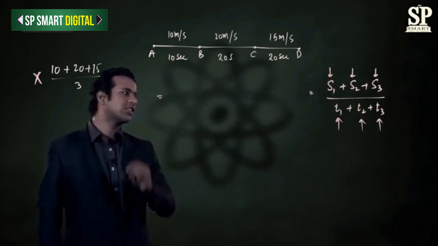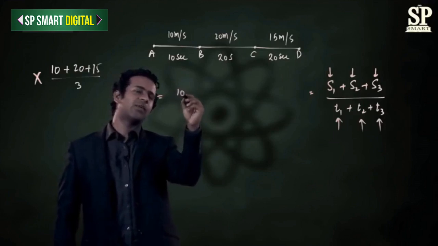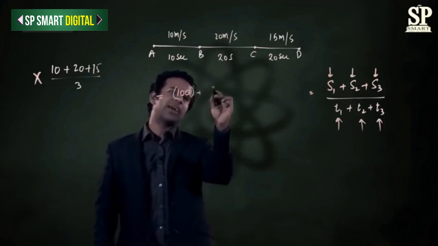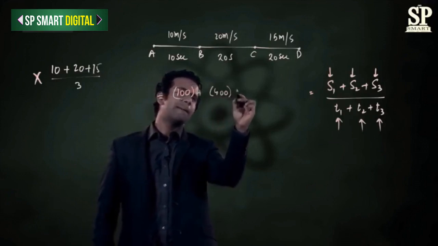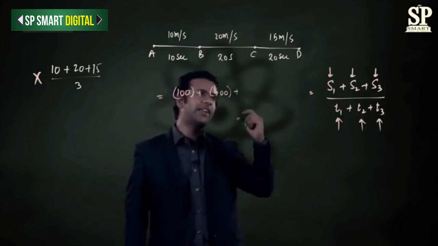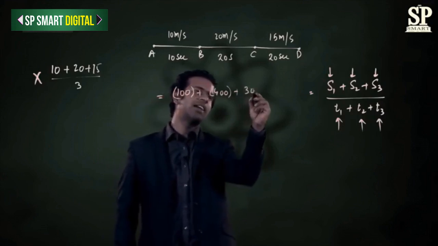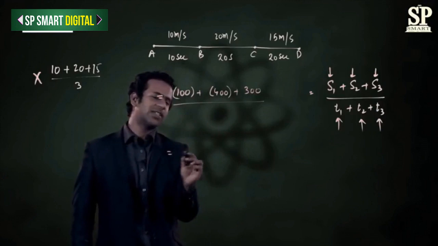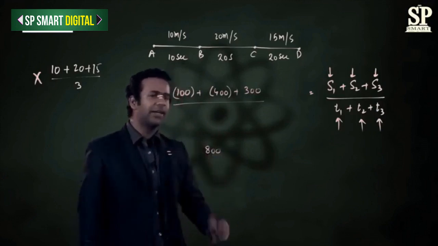So the total distance becomes 10 into 10, which is 100 meters, plus 20 into 20, which is 400 meters, plus in the last interval 15 into 20 gives you 300. So this is the total distance traveled, which is clearly 800 meters.